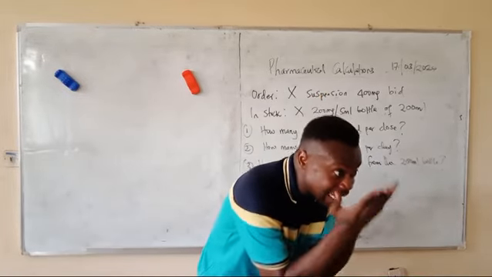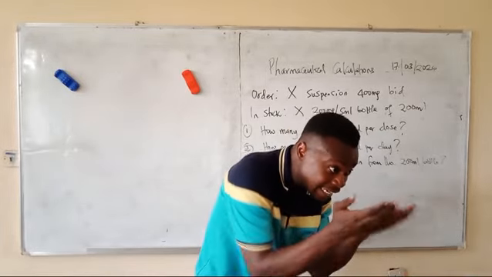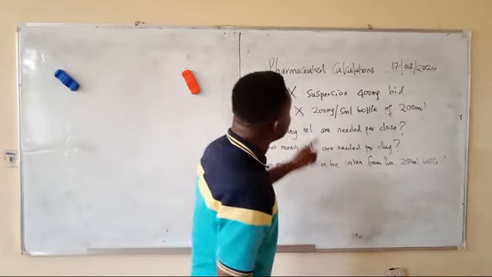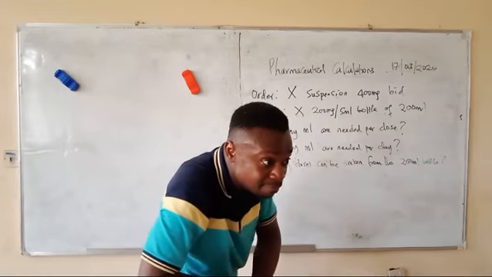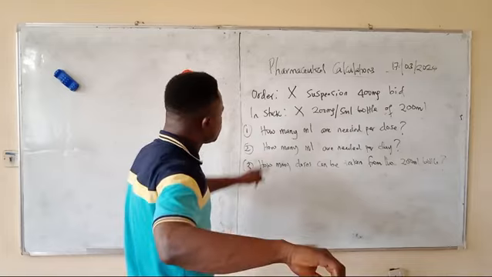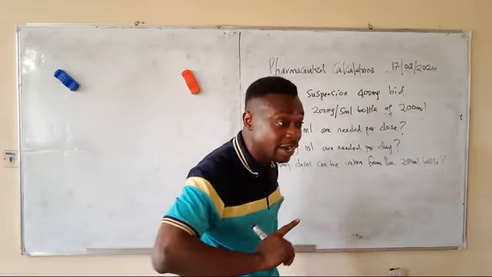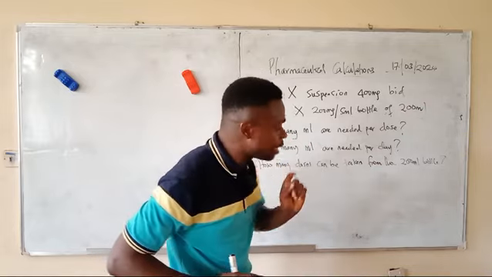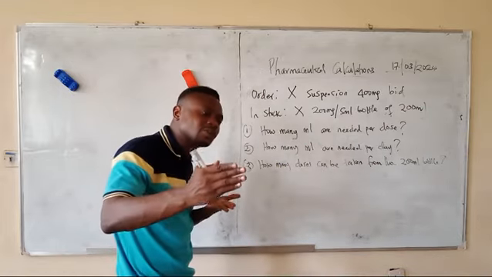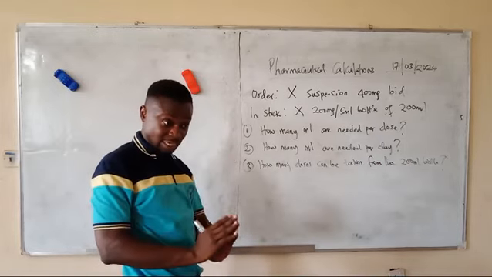It says X suspension, 400 milligrams twice daily. This is a dose of how many milligrams? 400 milligrams. So in the prescription, a dose is 400 milligrams of the X, right?